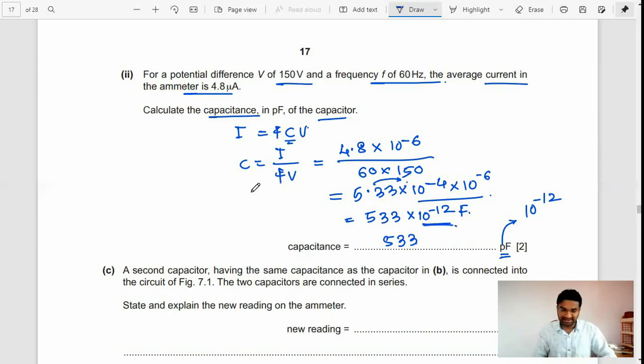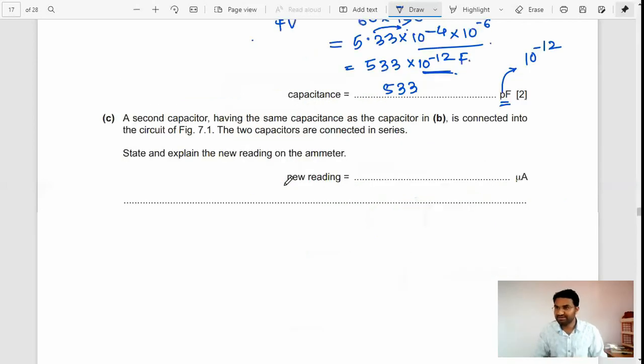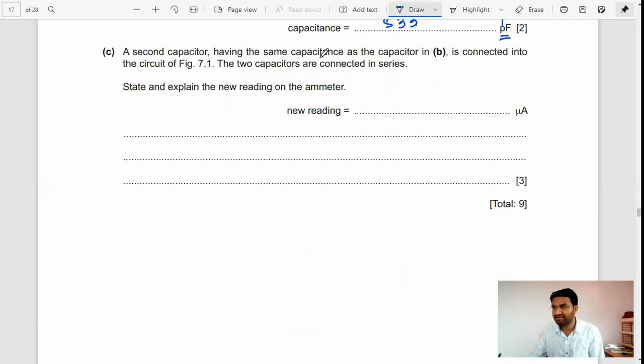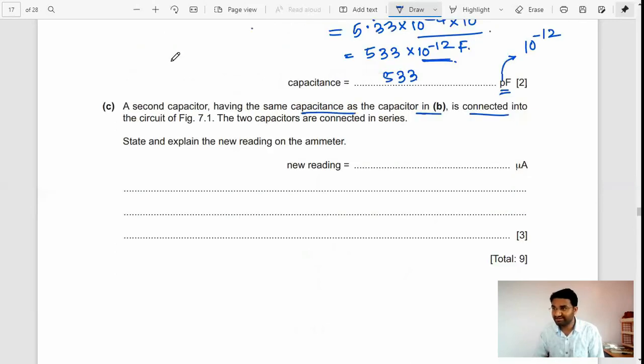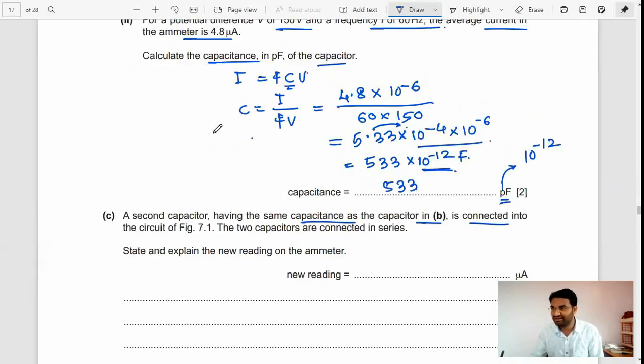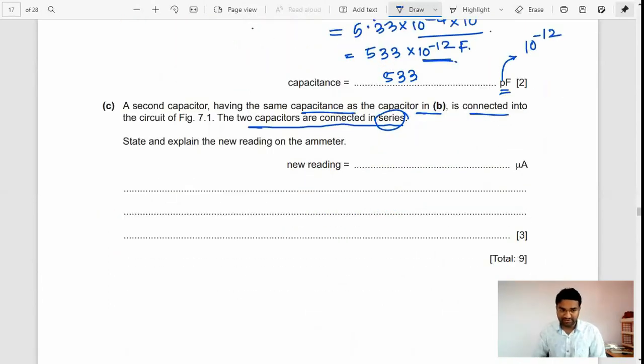Fine. Then in the last part, the second capacitor has the same capacitance as the capacitor in B, right? In the circuit, and the two are connected in series. They said here series, right? So series means you just have to first find out the capacitance in series, and we have a formula for series connection. We have discussed the formula: 1 over C is equal to 1 over C1 plus 1 over C2, right?